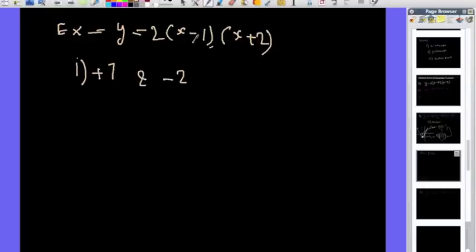Why? Because we have p and q here. So those are the x-intercepts.